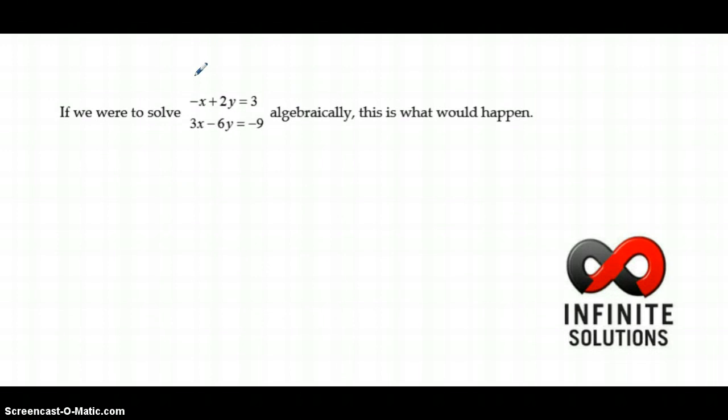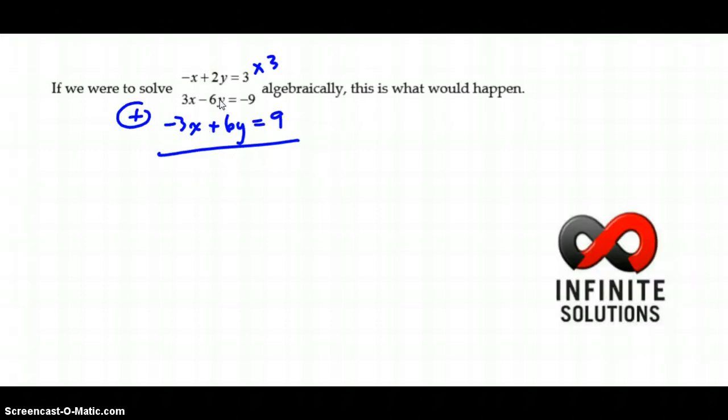For the next one, we can solve this equation as well. I'll also solve this one by elimination. I'm going to triple that top one, giving me negative 3x plus 6y equals 9. Because I have opposite signs here, I'm able to add the equations together. That will give me 0x when I add these, and I also get 0y. On the right-hand side, negative 9 and positive 9 also gives me 0.